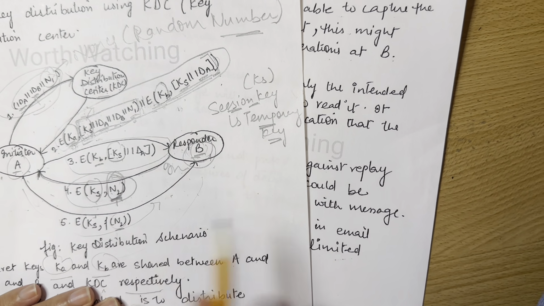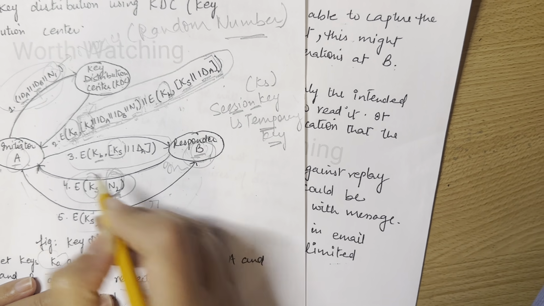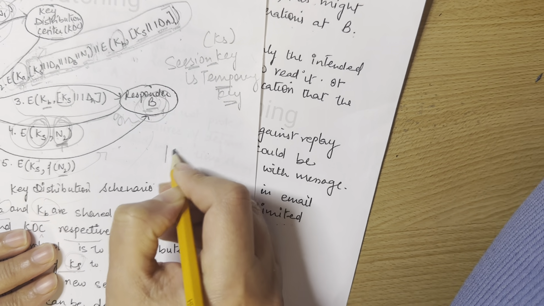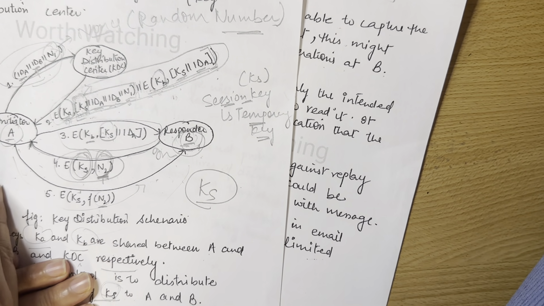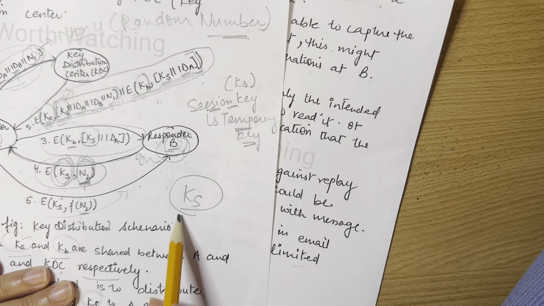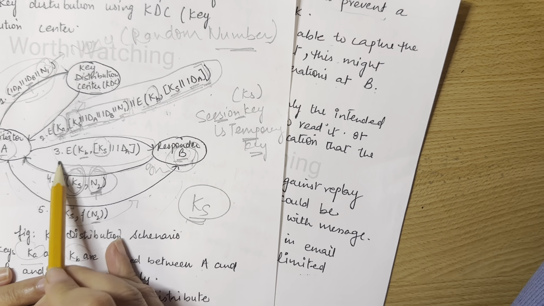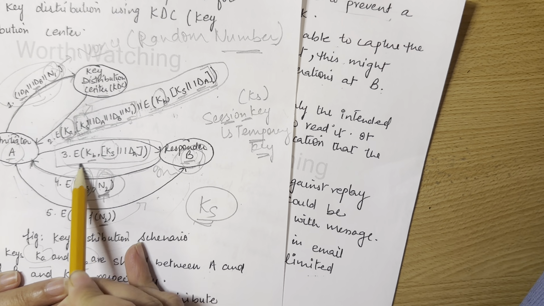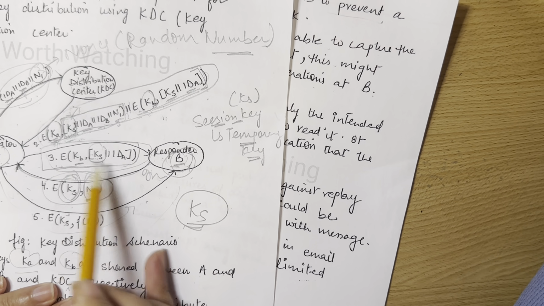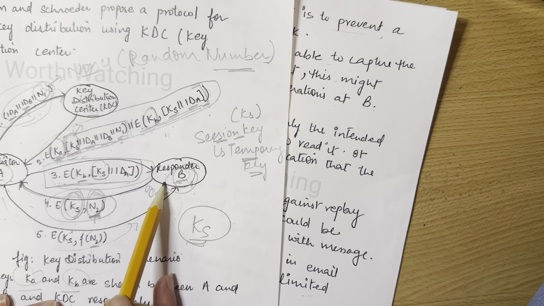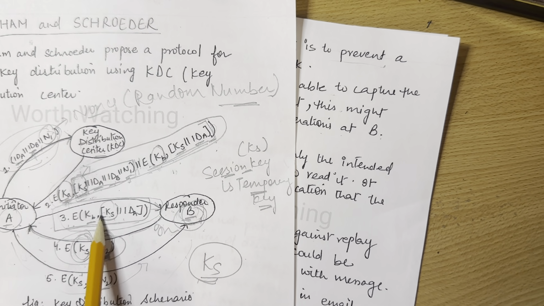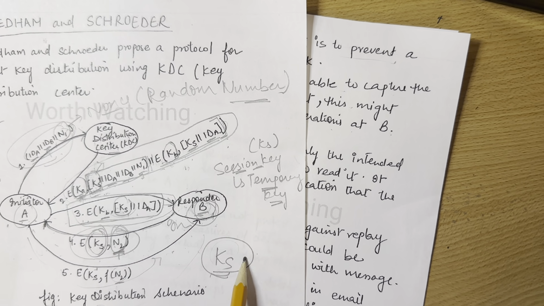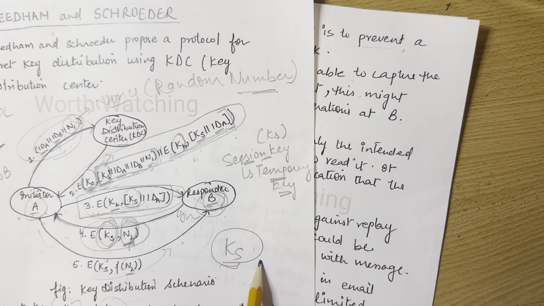For example, if the intruder gets an old copy of KS, some old password, let's say, and then captures this message and replays it to Bob, then it is already easily breakable, because Bob will think this message is from KDC, and because they already know KS, there is a problem.